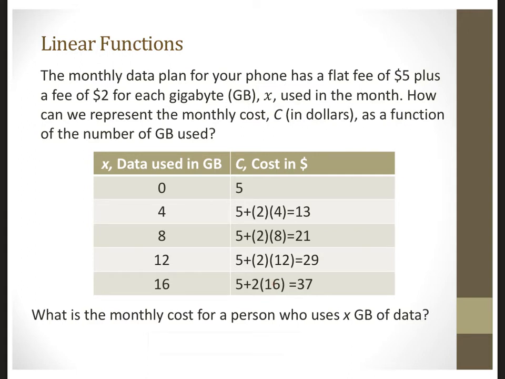So in general, we can express this using the following formula, that the cost is a function of x, and that function can be expressed using the expression 5 plus 2x. So this equation is just capturing the pattern of the calculations we did in the table above. It's telling us, take your $5 fixed cost and then add to it 2 times the gigabytes, add to it the variable cost based on how much data you used.